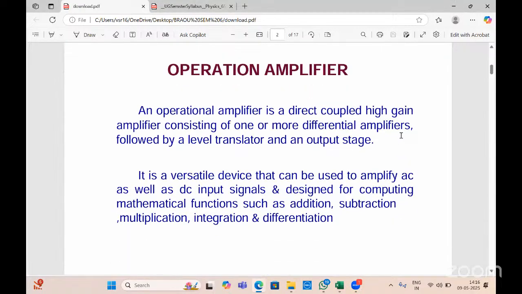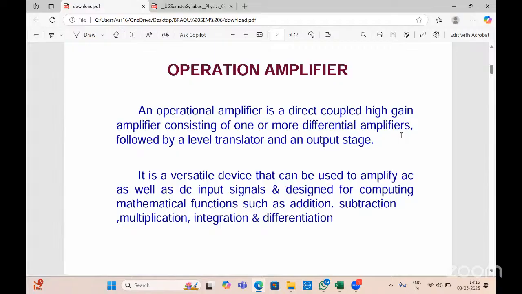Characteristics. What is an operational amplifier? An op amp is a direct coupled high gain amplifier consisting of one or more differential amplifiers, followed by a level translator and output stage.